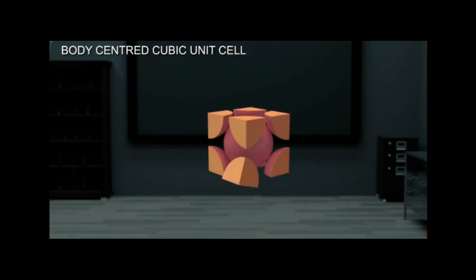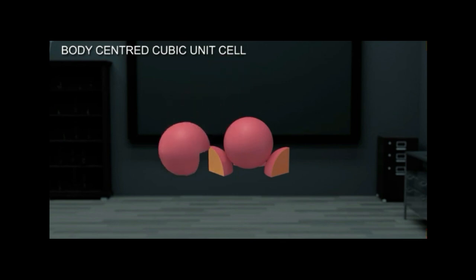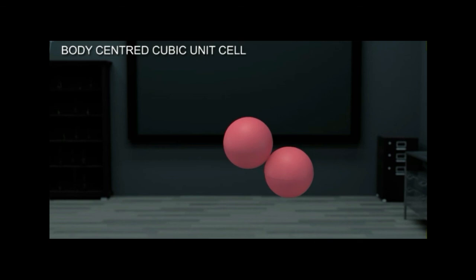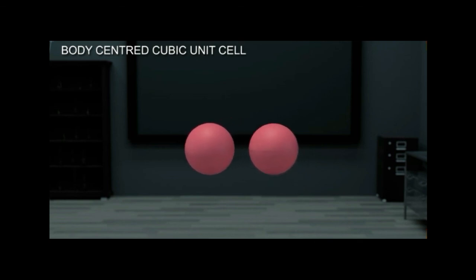So the 8 corners, if you combine them all, give rise to one particle, plus the middle one, the body centered one. Altogether that gives rise to 2. So the rank of a body centered cell is 2. For a unit cell which is body centered, 8 corners plus 1 middle, the total rank is 2. Again I am repeating, rank means the total number of particles present in the unit cell.